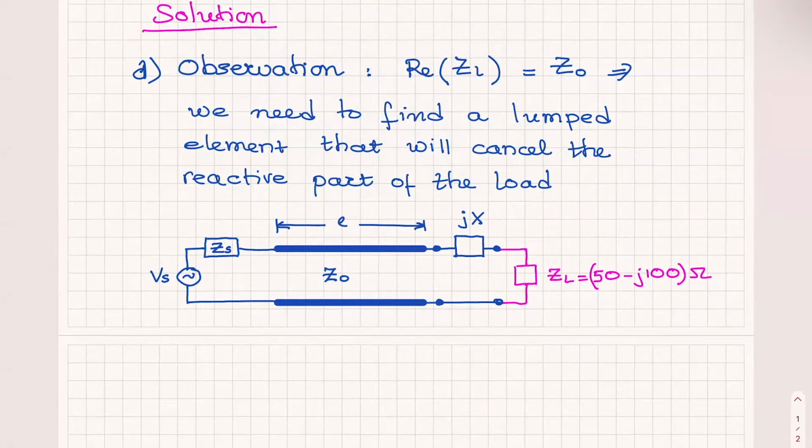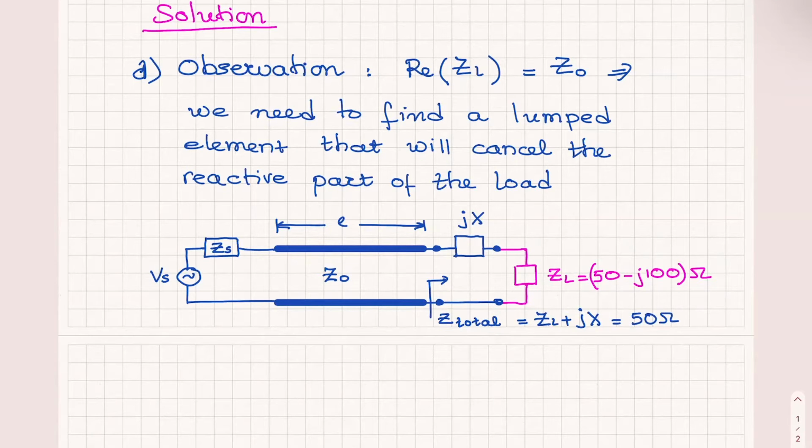When I look here, I need to see a total Z total, which is equal to ZL plus jX, and I want this to be 50 ohms.